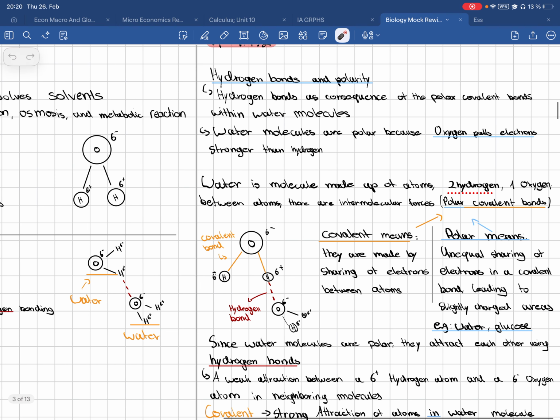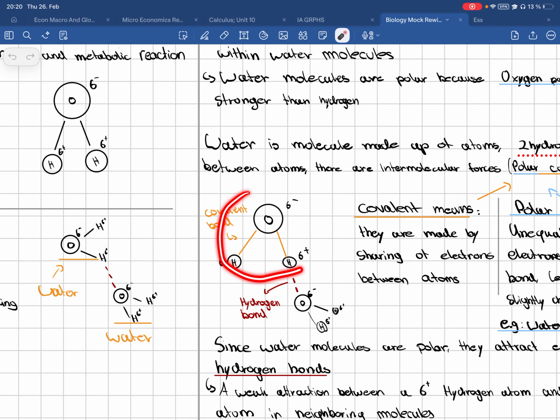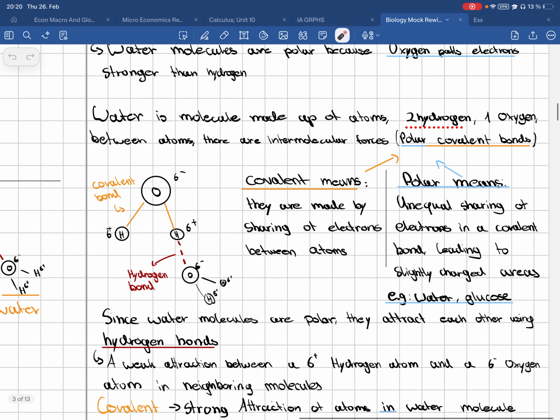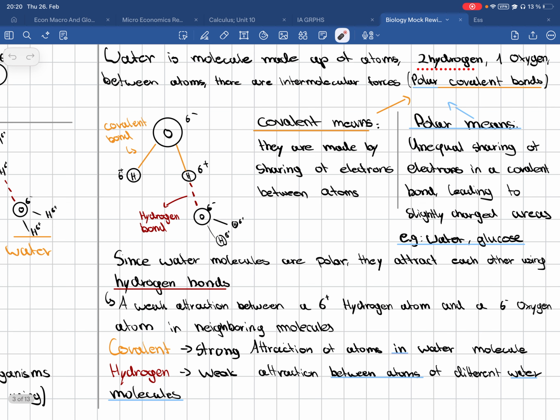Okay, now, since water molecules are polar, they attract each other using hydrogen bonds. Look, this is a water molecule, and this is also a water molecule. Remember what I just said, that there are these bonds between atoms of the same molecule, now there's this new bond introduced between the oxygen of one water molecule with the hydrogen of another water molecule.